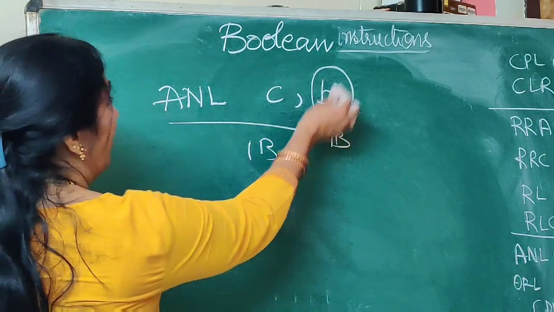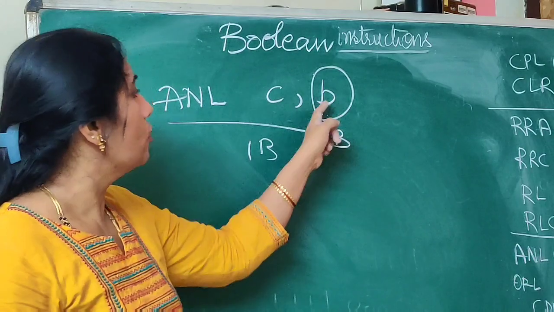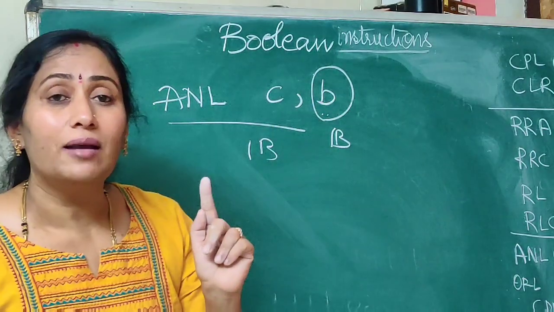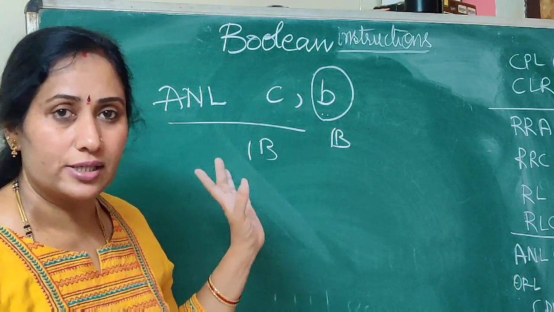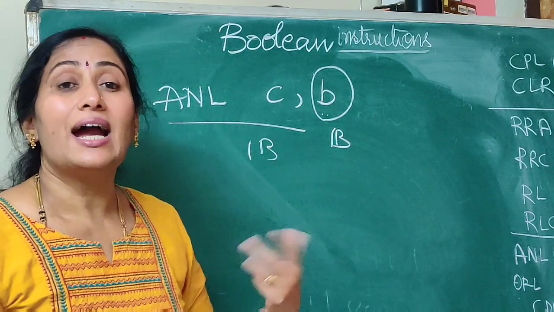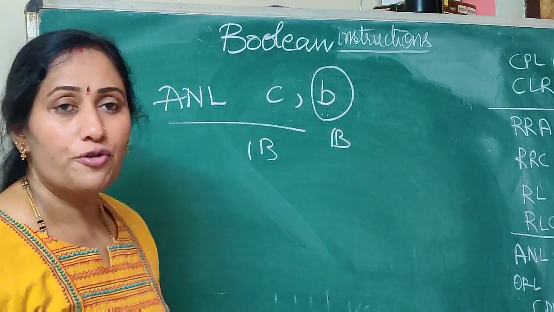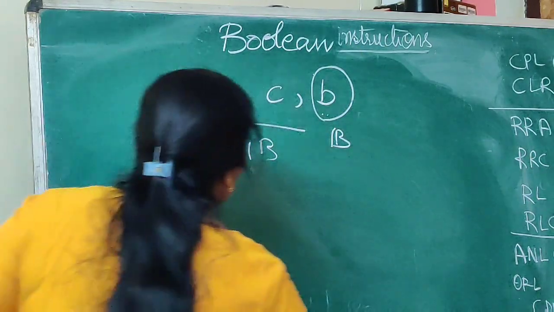It works on a single bit, not on the byte. So this is a bit instruction or Boolean instruction. You can get a question in your paper: explain any 5 bit handling instructions. There you can go for this one, ANL C, B.